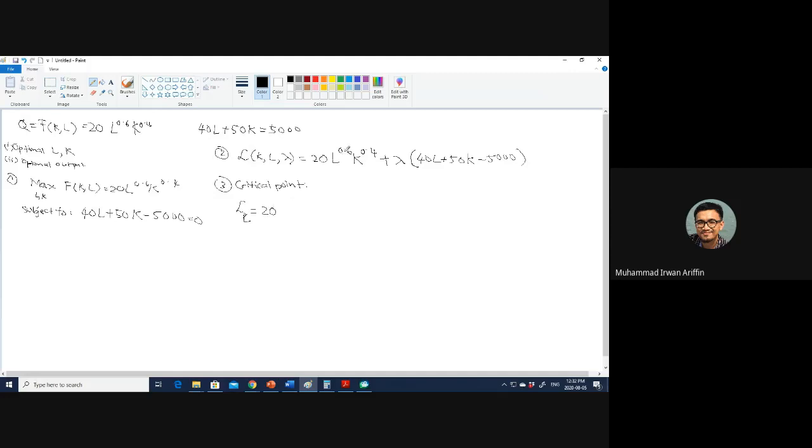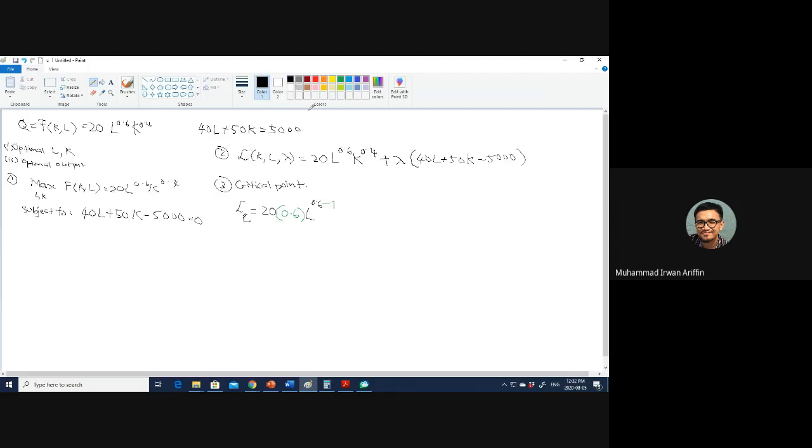This is L to the power of 0.6. Since we have L to the power of 0.6, I'm going to write it in a different color, 0.6, and then L to the power of 0.6, don't forget to subtract 1.